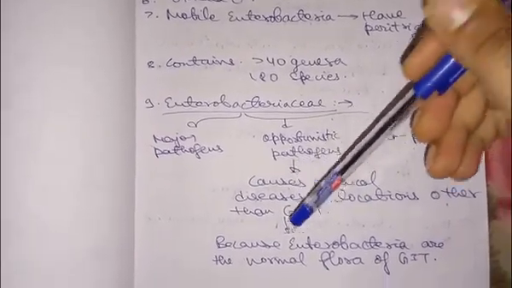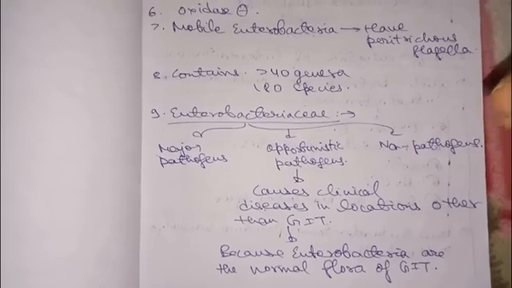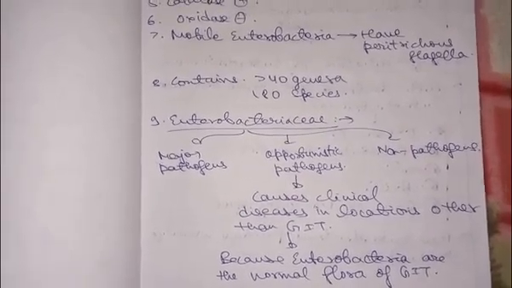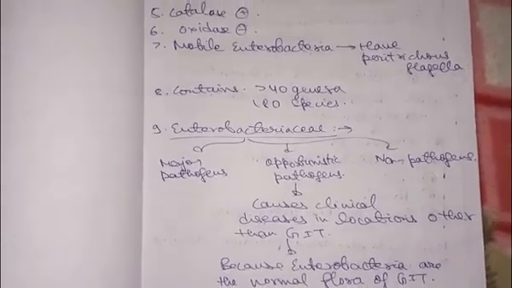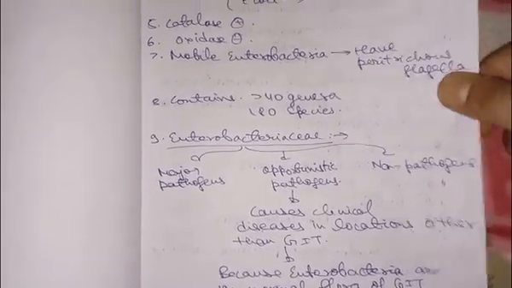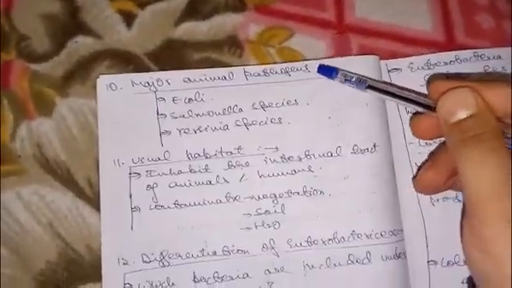Why not in the GIT? Because enterobacteria are normal flora of the GIT. Sometimes enterobacteria are found as normal flora of the GIT. Normal flora means the normal bacterial population found in the intestine, which is beneficial for that animal.